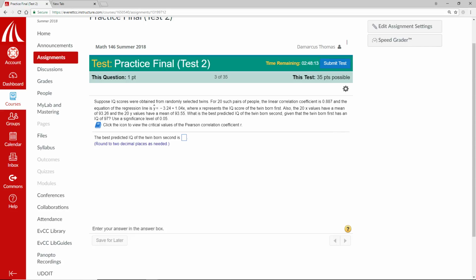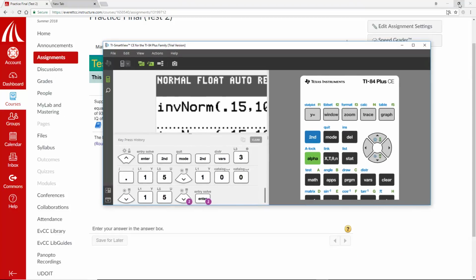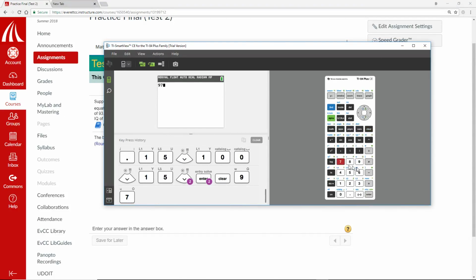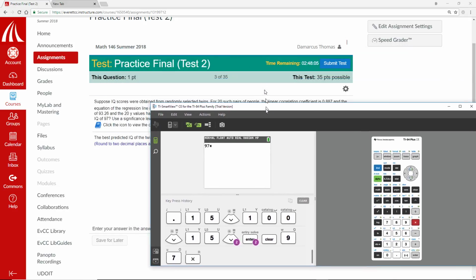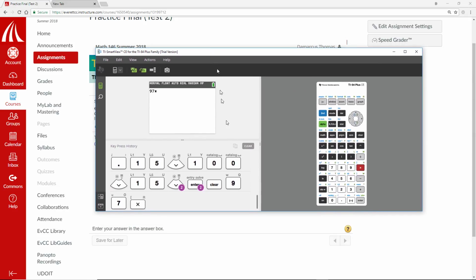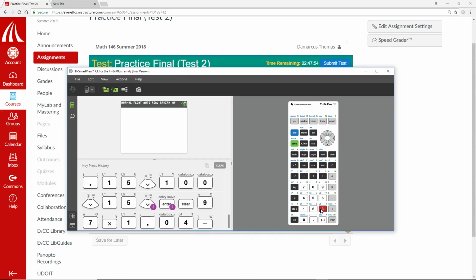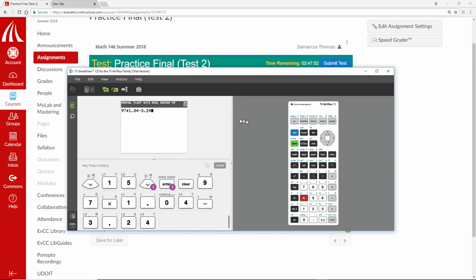So 97, let's get back to the home screen. I'm going to do 97 times 1.04, and then I'm going to subtract 3.24 from it.